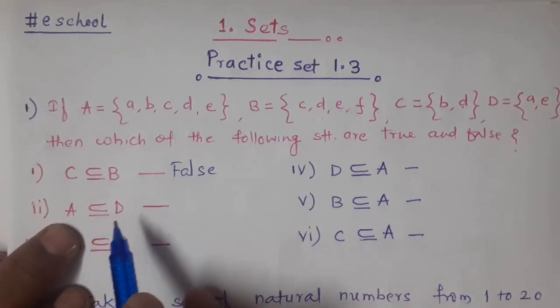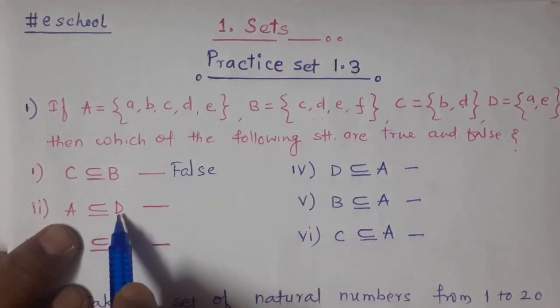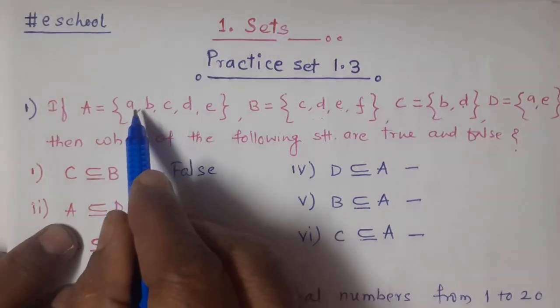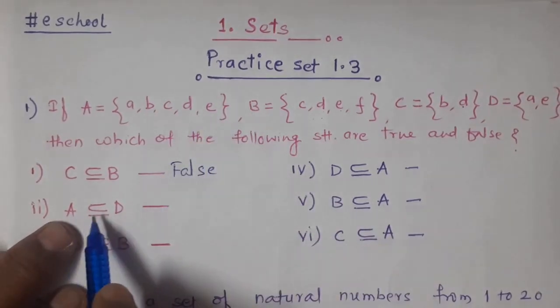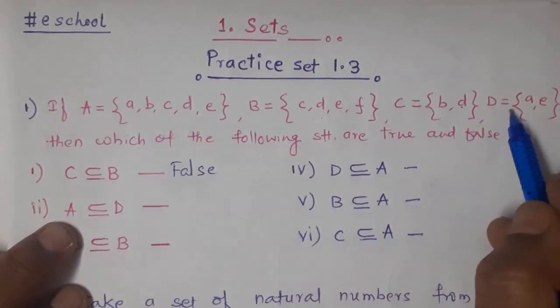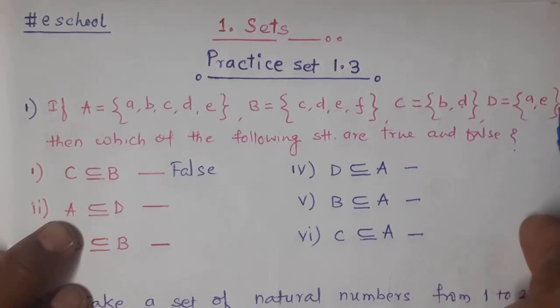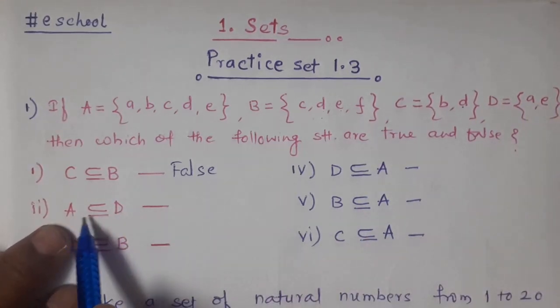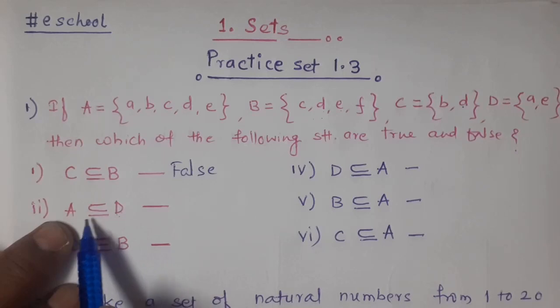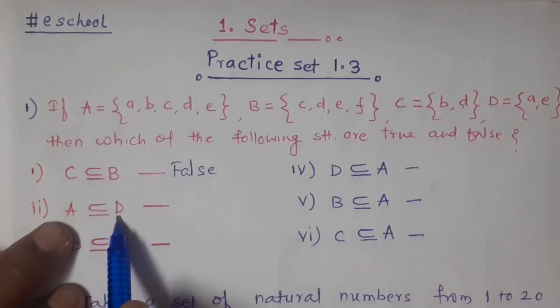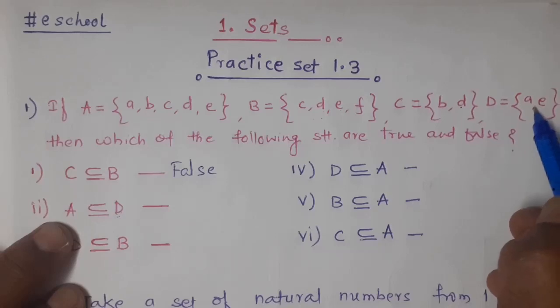Then second statement, A is a subset of D. You know that A comprises of A, B, C, D, E, and D is A, E. When we can say that A is a subset of D, that means all the elements of A should be present in D. But D comprises of only A and E elements.